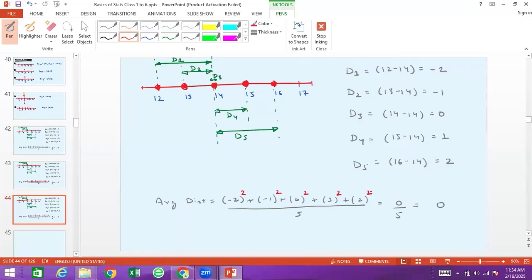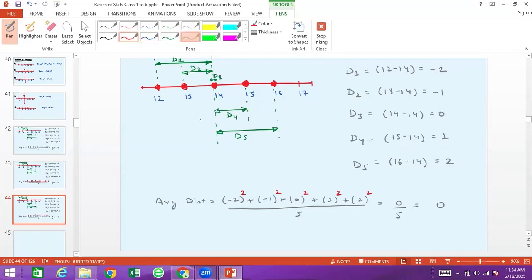There are reasons behind it. I will tell you later why this happens. In statistics, always and always, whenever I want to remove the sign, I will be taking the square of the numbers. So if I have two choices, I will always take the square.